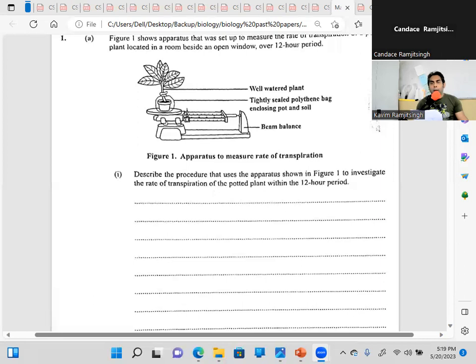The next difference is the decomposers are eating ready-made food while the plant is making its own food. So make sure you understand the two ways they are different.